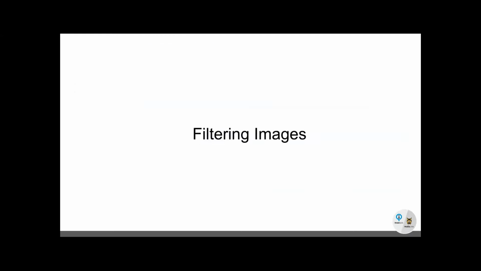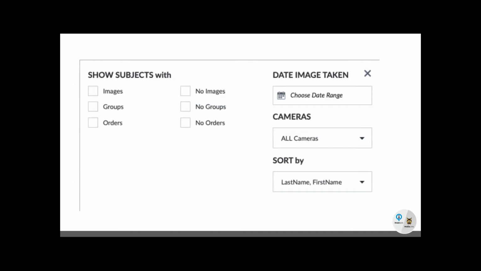All right, the next thing I want to discuss is filtering images. We have a whole set of filters built into Blueprint that help you sort out images for whatever you may be looking for. If you're looking for subjects that have images, you can sort those out.